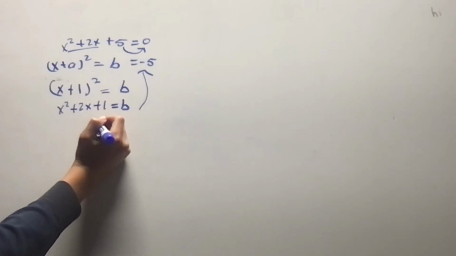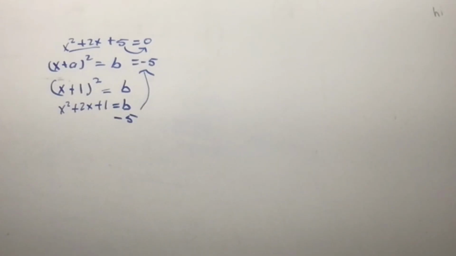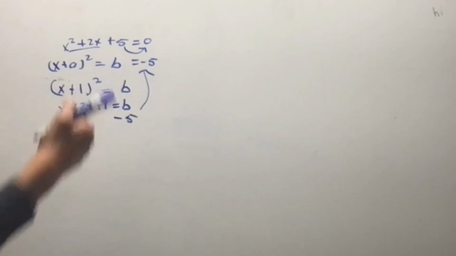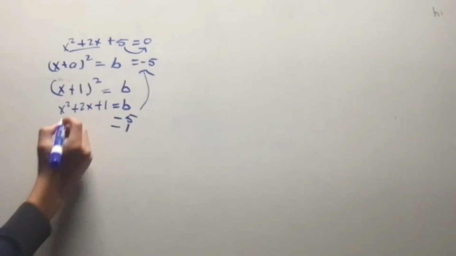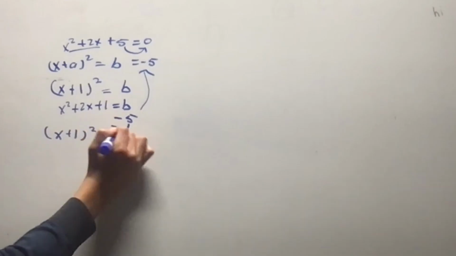Therefore, we need to subtract 5 from this side. However, we also added another plus 1 to complete the square here, so we also need to subtract that. So this becomes x plus 1 squared equals -6.